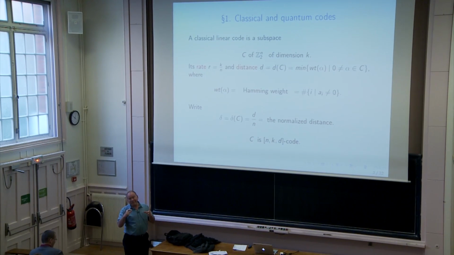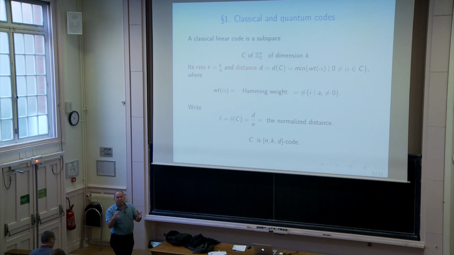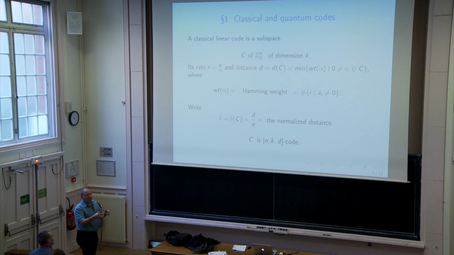And we want the distance between the legitimate vectors to be large, and then the receiver will be able to correct. If something will be corrupted along the way, then it can correct it to the neighborhood, to the closest vector.